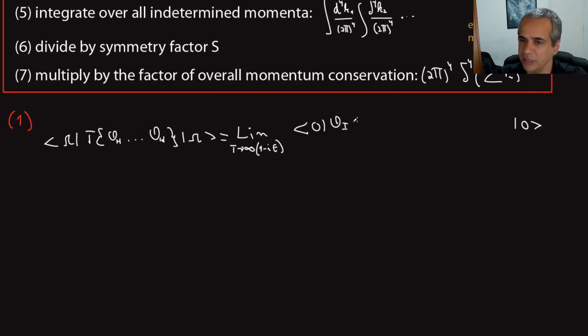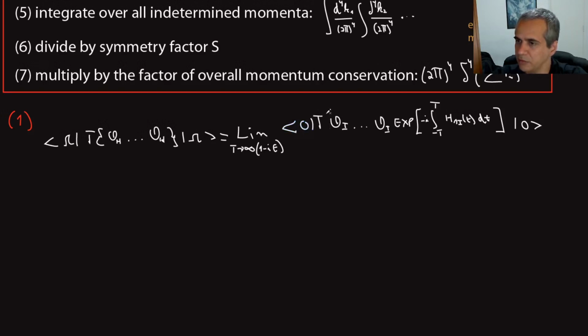The operators are in the interaction picture, the same operators I have there, depending on a number of space-time coordinates. And here I have the exponential of the interaction part of the Hamiltonian in the interaction picture, so H1i, which depends on time, and I have an integral on time, and this is the time-ordered exponential. Of course, I forgot the time ordering on this side. So this is the time order, and down here I have a similar thing.